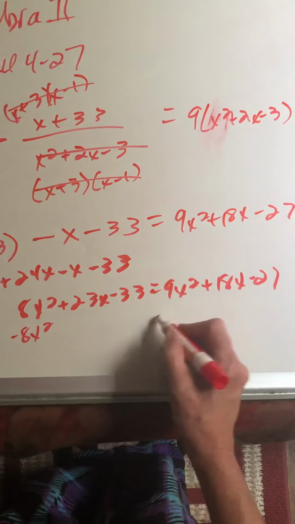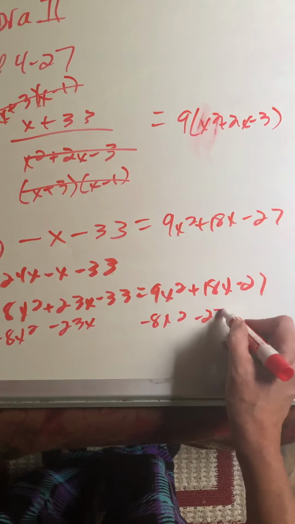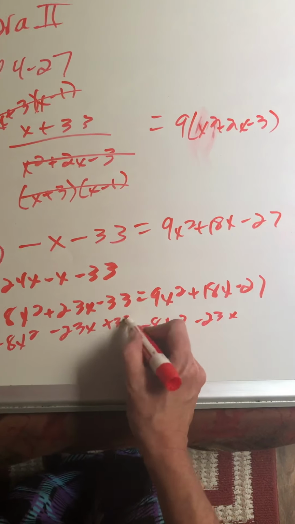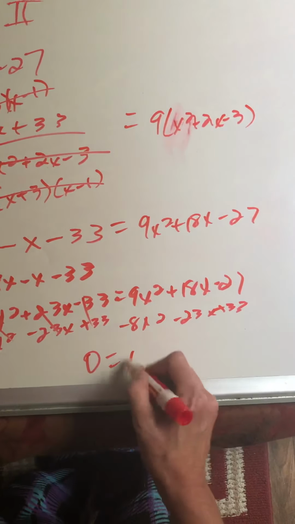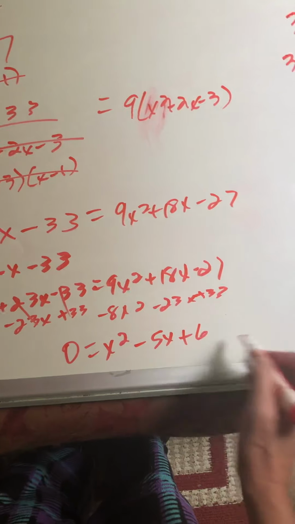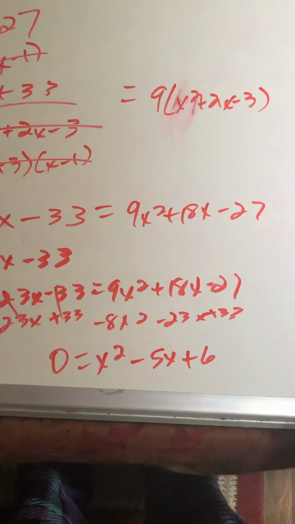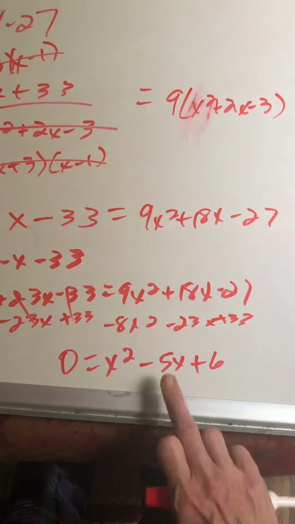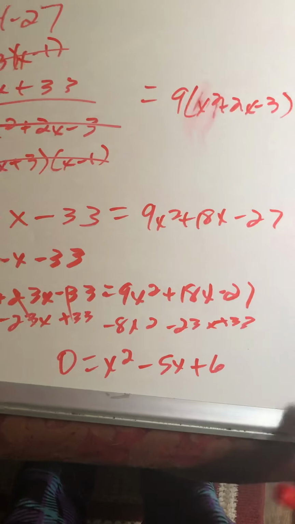Subtracting 8x squared, subtracting 23x, and adding 33. So that'd be x squared minus 5x plus 6. Again, let me check my brain. So 18 minus 23, negative 5, and negative 27 plus 33, 6.